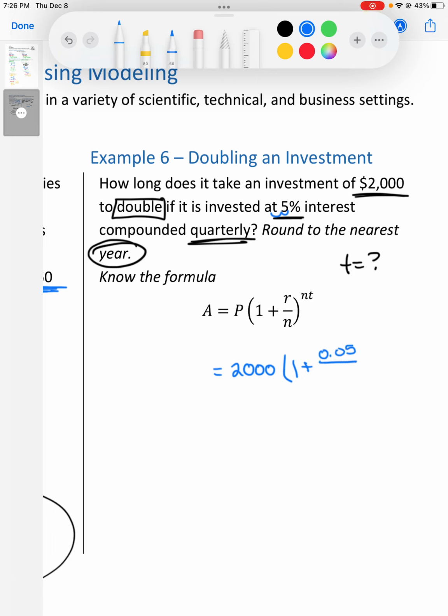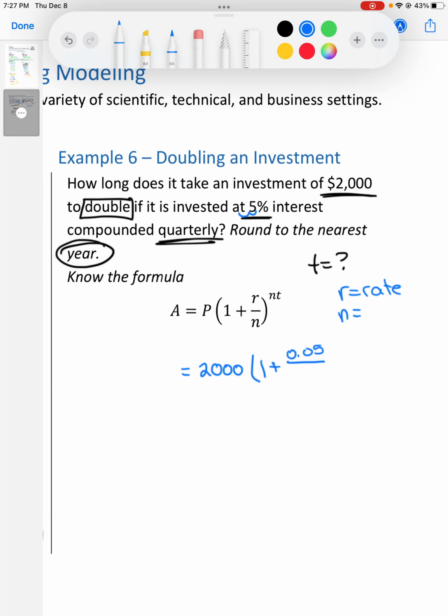Remember, we've done these a few times. R is the rate, and n is the number of times it's compounded. This says it's compounded quarterly. We're still thinking about years, because that's what our time is in.